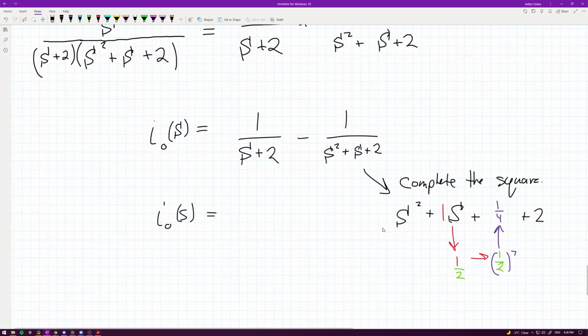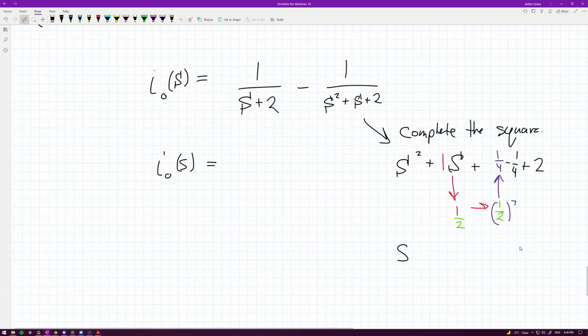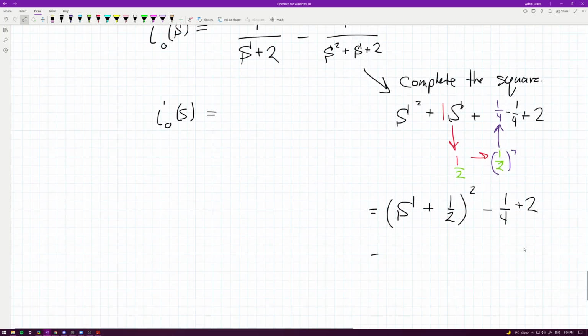So then I also want to obviously subtract 1 over 4, plus 2. And so then this is going to be s plus a half squared minus a quarter plus 2, and this is 8 over 4. So this is s plus a half squared plus 7 over 4.